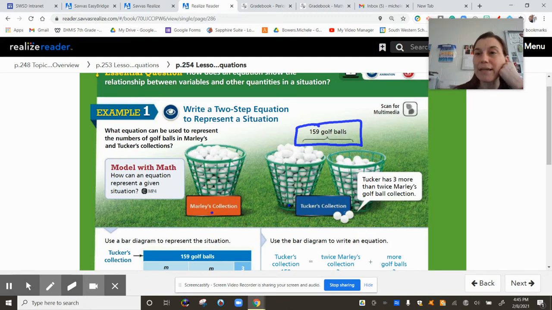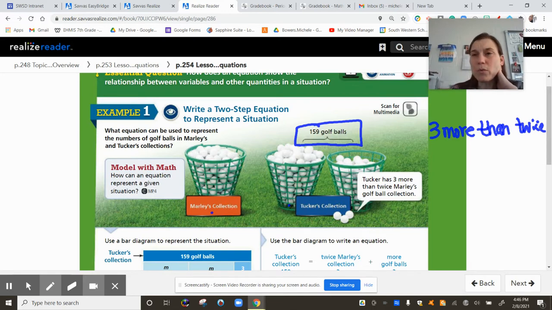So we're going to write an expression or an equation to represent that. What I'm going to do is write out this sentence again, and then we're going to translate it. It says that Tucker has 3 more than twice what Marley has.